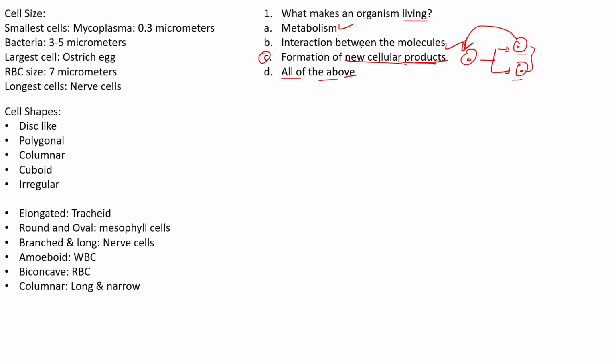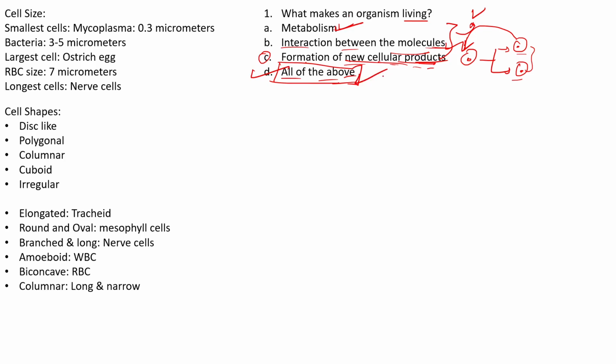Hence, we can say that even formation of new cellular products is a property of a living organism. So metabolism, interaction between the molecules and the cells, and formation of new cellular products, all three are properties that make an organism living. Hence the right answer here is D, all of the above.